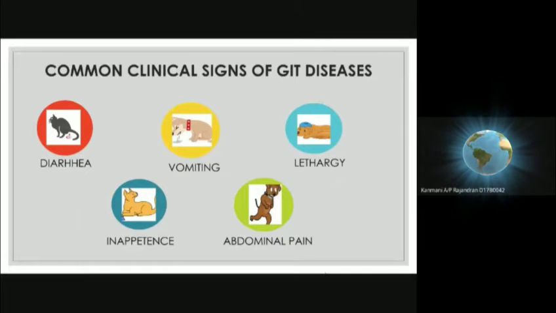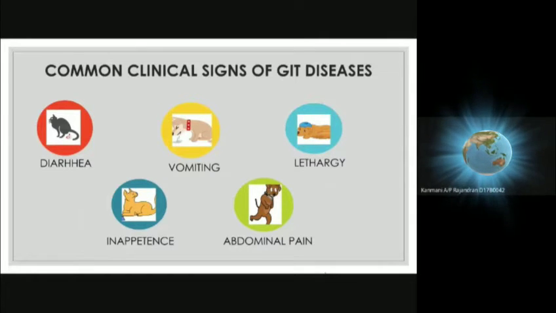Last but not least, the animal will also exhibit signs of pain, such as vocalization due to abdominal pain when the abdomen of the animal is stimulated. There are some other clinical signs that the animal may manifest in cases of GIT diseases. However, these are the common signs that we can usually observe in GIT diseases in animals.